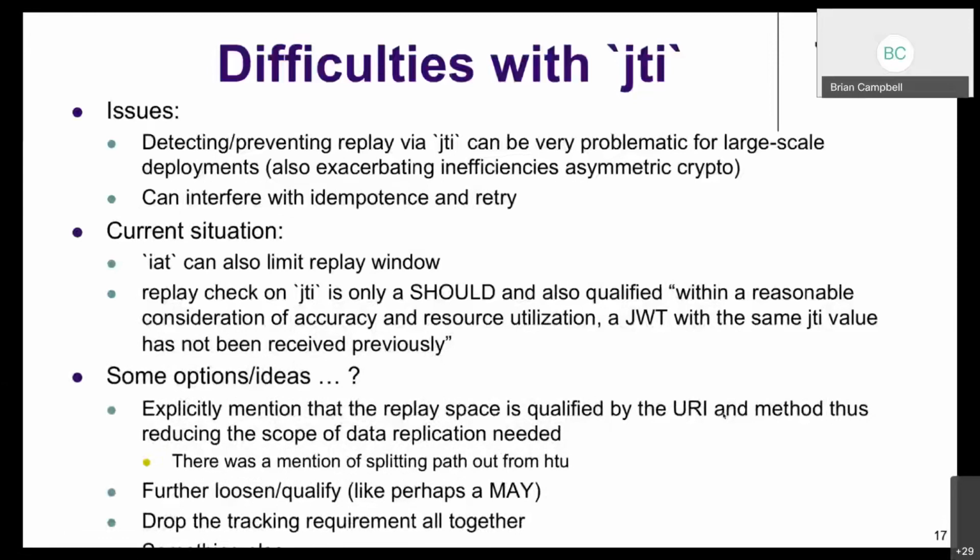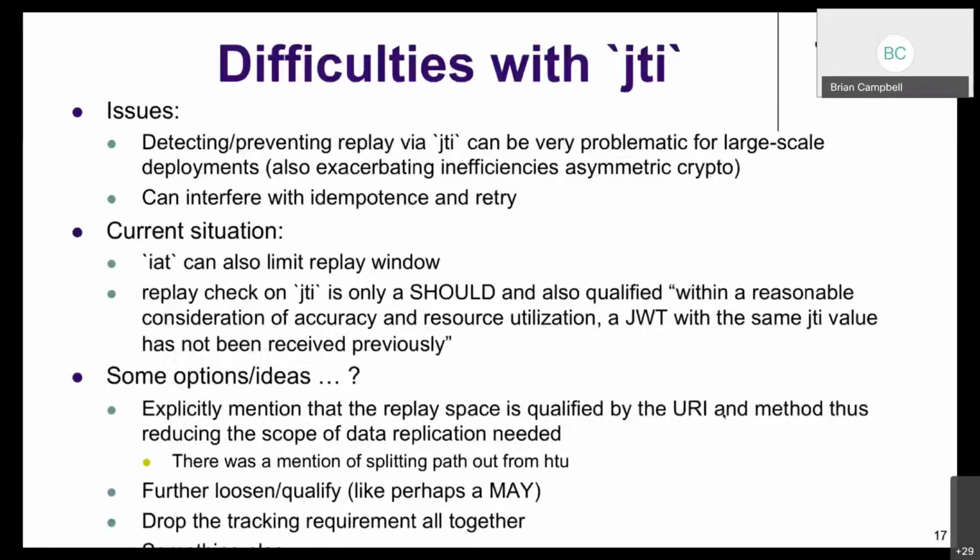One would be to further mention that the replay check you care about is qualified by the URI and the method. So the scope of the data replication of the JTI, even if you're trying to do this, is definitely smaller. There was also a mention of splitting out the path from the HTU claim, but I'm not actually sure how this helps.